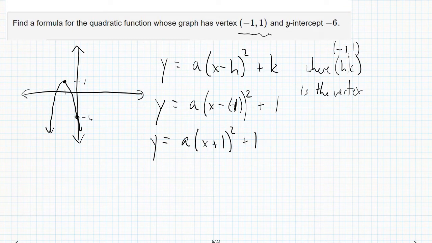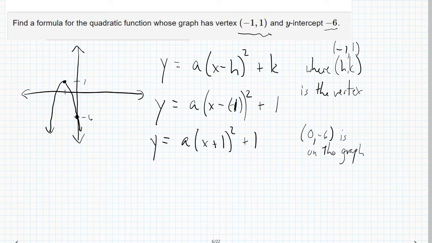So now how the heck do we go from there? Well, we have a y-intercept of negative 6. So now we know if the y-intercept is negative 6, that means 0, negative 6 is on the graph. Okay, so we want to solve for a. And so we're going to use that point 0, -6. So that means -6 is the y. We get x is 0 at that point. And hopefully we can solve for a.